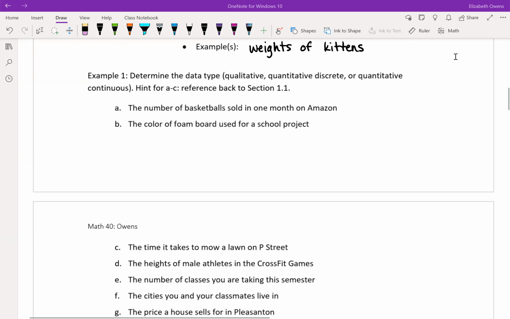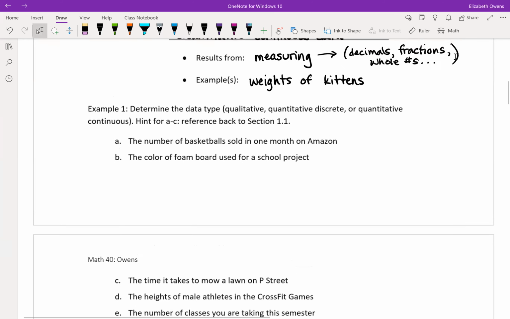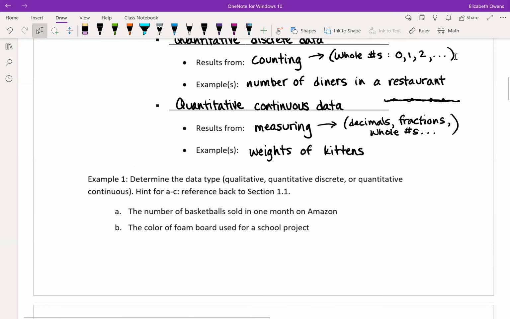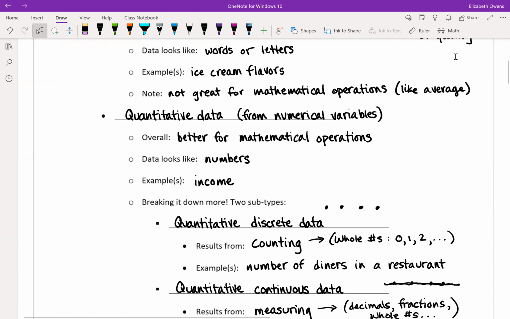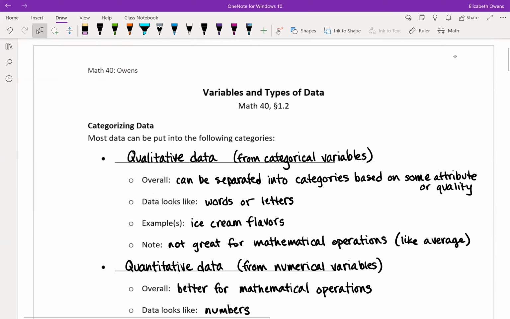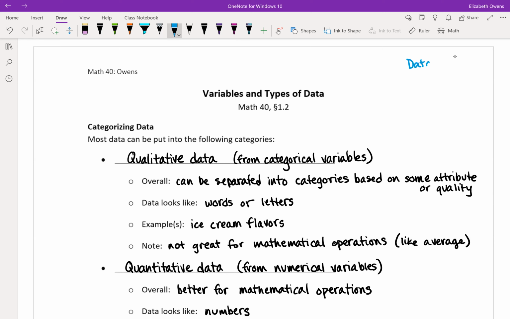We are in section 1.2 and we are looking at different data types. Now let's quickly review, before we do our example here, the different types of data, because we had two main types. Data, we could split this into qualitative data versus quantitative.